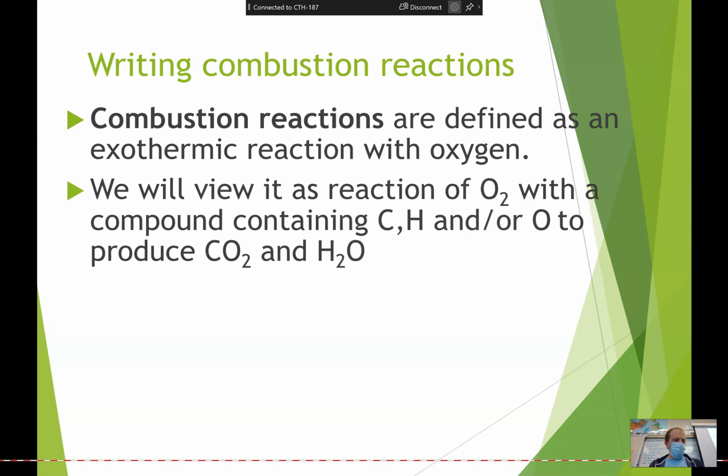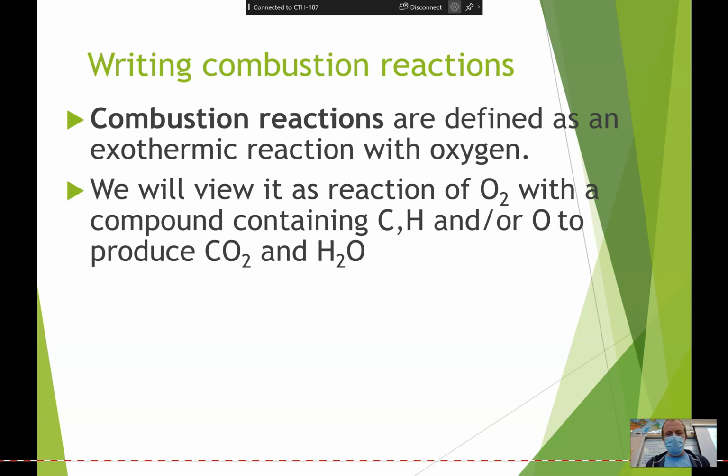We're going to define it a little more narrowly, and this is the way most people think about combustion. Again, combustion is burning stuff. And when we human beings burn stuff, we usually burn either hydrocarbons or sometimes alcohols that have oxygen in them.